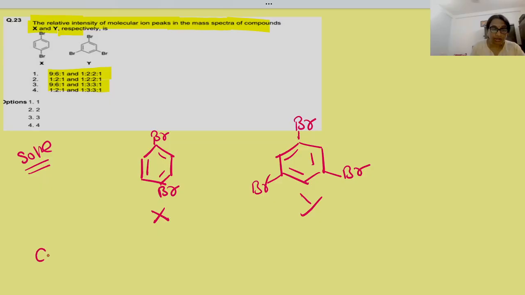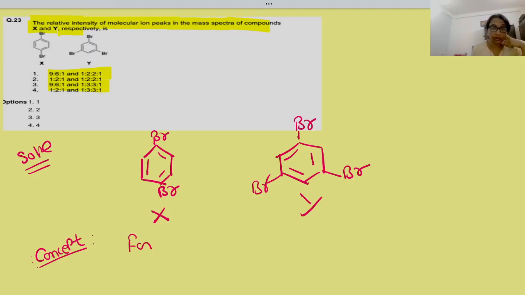Now what is the concept behind this? How do we find the mass spectroscopy intensity signals in both compounds? We are solving the question on the basis of the concept and the calculation of relative intensity under mass spectroscopy.